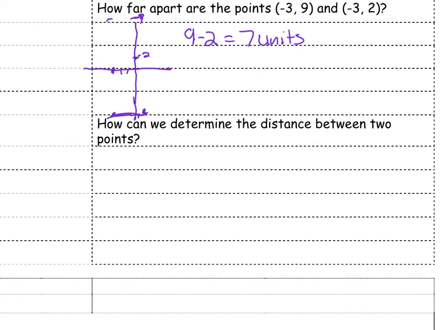Okay, so how can we determine the distance between 2 points?